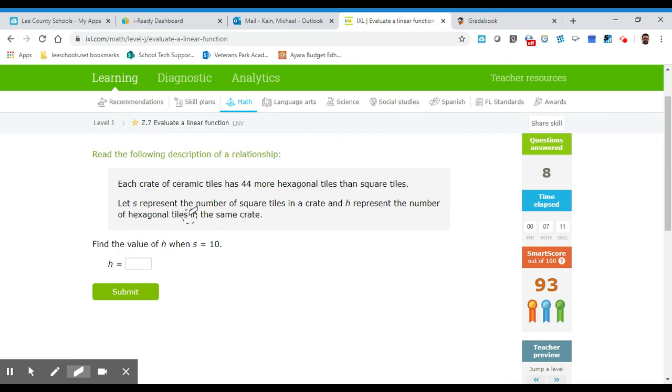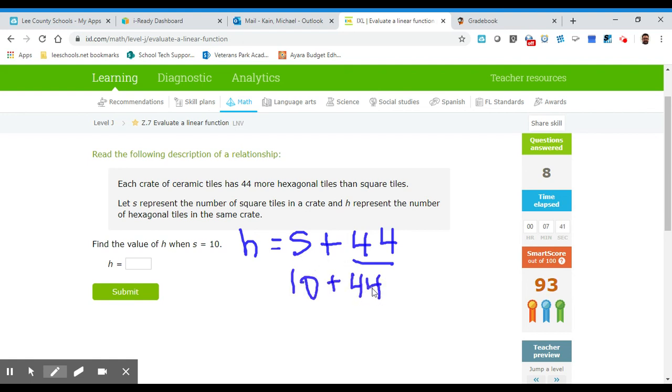So it's going to be S, the number of square tiles, plus 44. So S plus 44, because there's always 44 more than there are the square tiles. And we'll just say that H equals that. So if S equals 10, if I put 10 here, 10 plus 44 is going to be a total of 54.